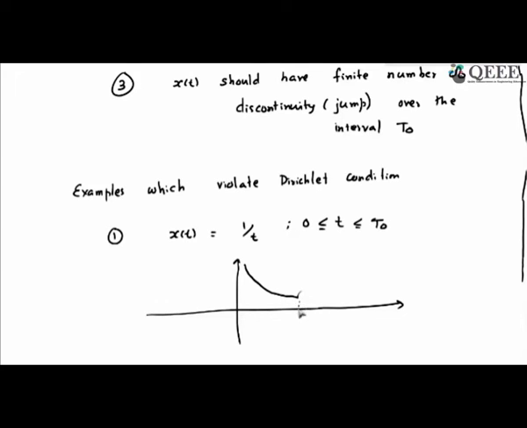This is my t naught, and at t naught again it goes up and repeats. It looks like the inverse function. So 1 by t, as t goes to 0, it goes to infinity, right. So this function actually goes to infinity.